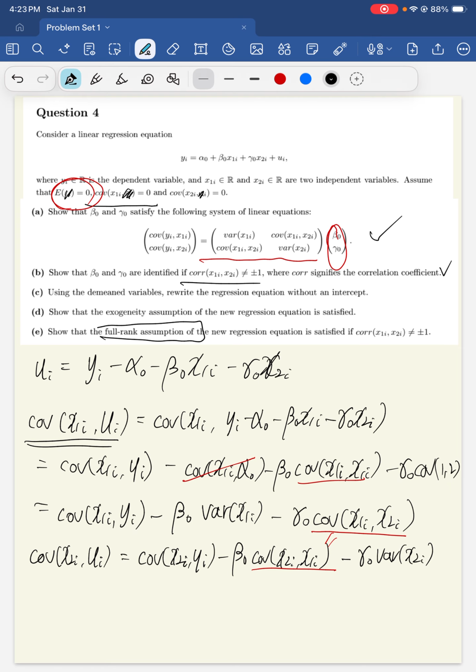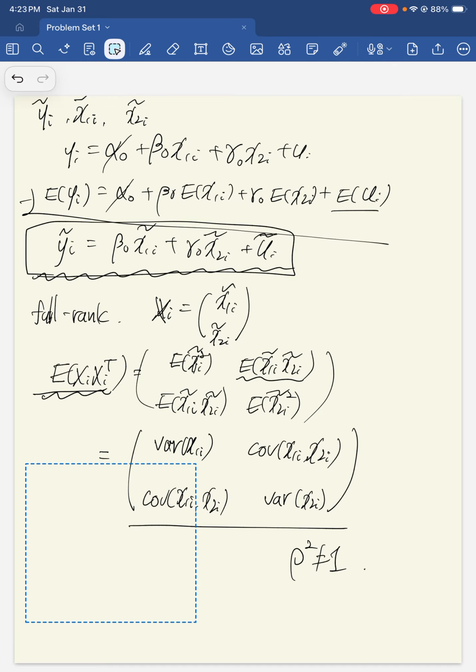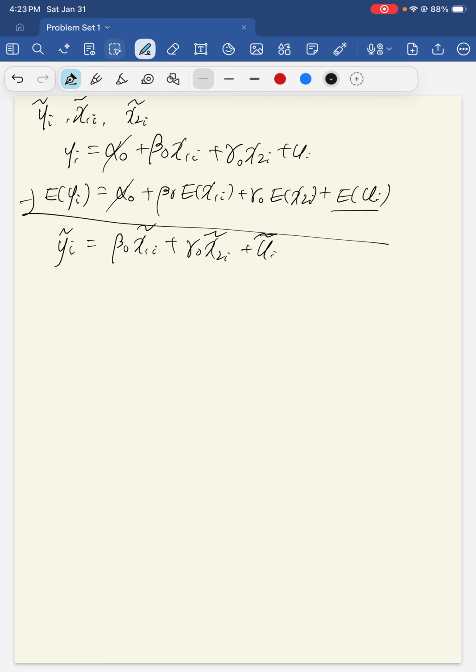We did the last question first, and now the exogeneity assumption. I will erase to here. Still, we have uppercase X like this, and the exogeneity assumption is this, which is actually two equations. Expectation of x1i tilde ui is 0.